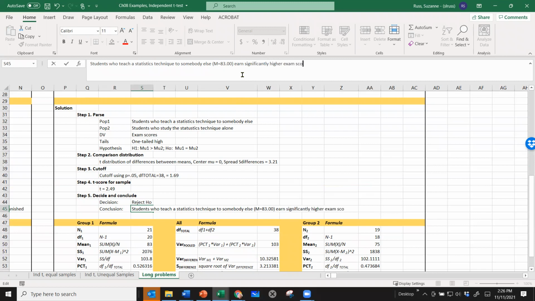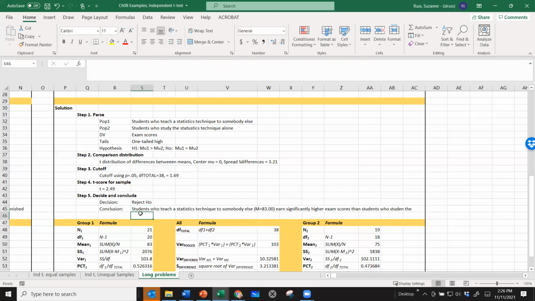Higher exam scores than students who study the, I'm just going to go to the next line here. That's the way it has to be done in Excel. The statistics content alone. Now I'll write the mean score for that group in, and that group had a mean of 75.